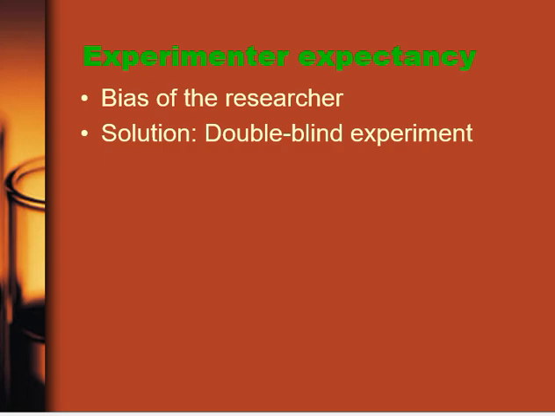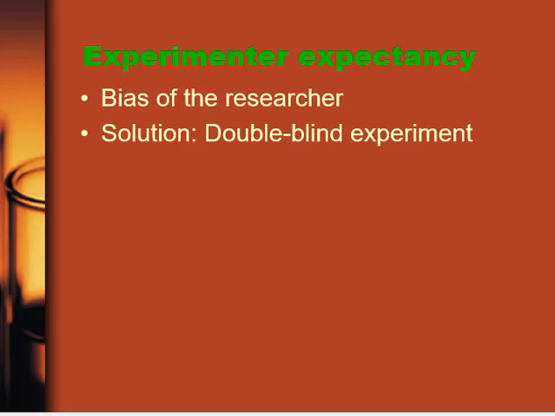The sort of related thing is experimenter expectancy. So this is the bias of the researcher. We as researchers all have biases. We have expectations of what is going to happen. No matter how much you try to be unbiased in research, it is still going to come out.